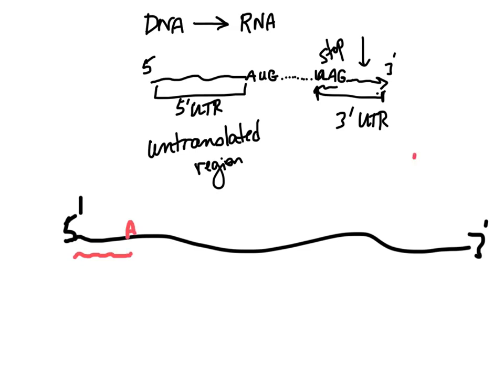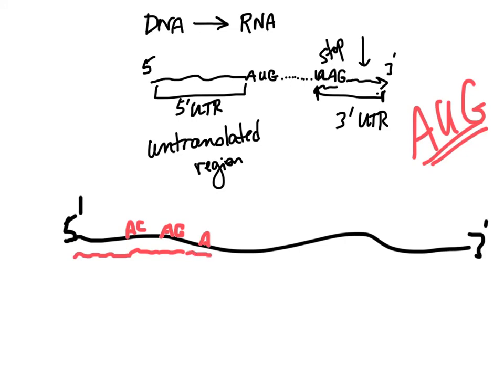You have to look for the first AUG. If it's not an AUG, you keep going. Here's a C, an AG, and no. Here, A, no. And then you come to this one and you say A, UG.